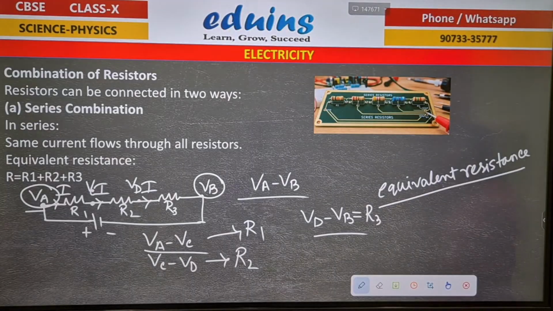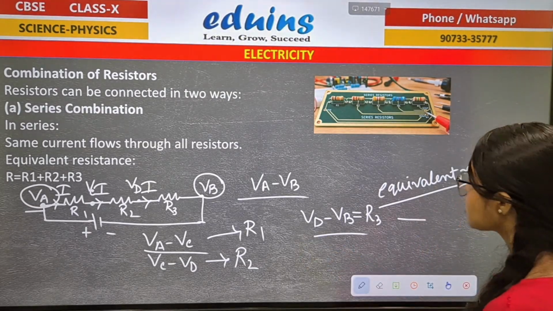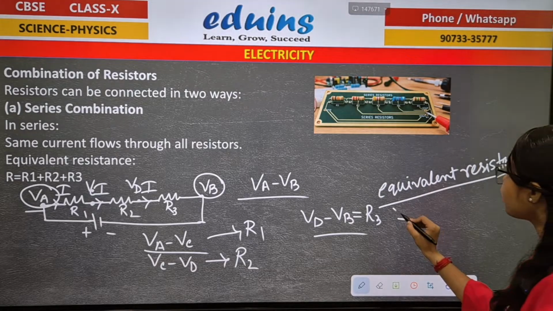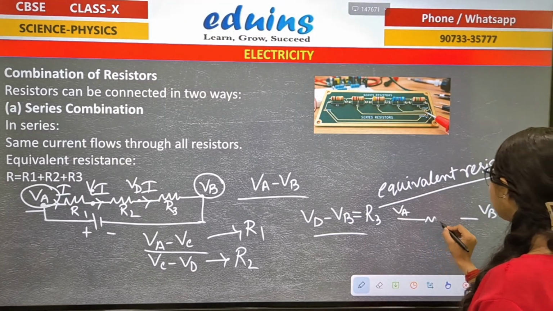Now we have to determine the equivalent resistance. What is the equivalent resistance? We withdraw all the resistances and put in one resistance that has the same value as the three resistances together. That means the potential difference between the terminals VA and VB must be the same.